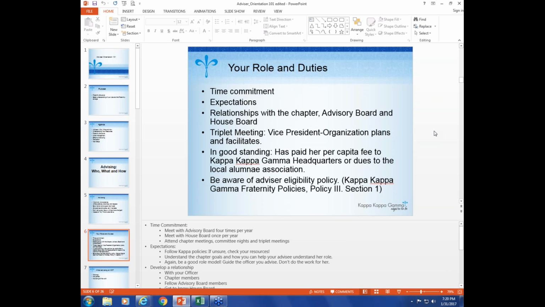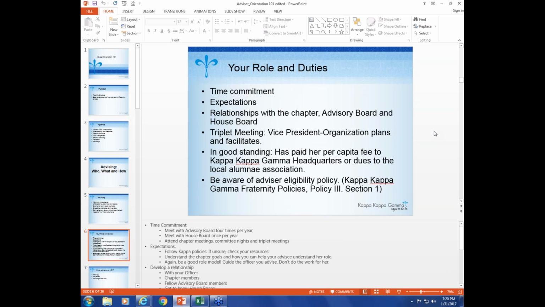The expectations, of course, are to communicate with your officer, know your resources, know where to go when you have a question. Having good relationships with the house board and the rest of the advisory board and the chapter, those are key to making a chapter successful.